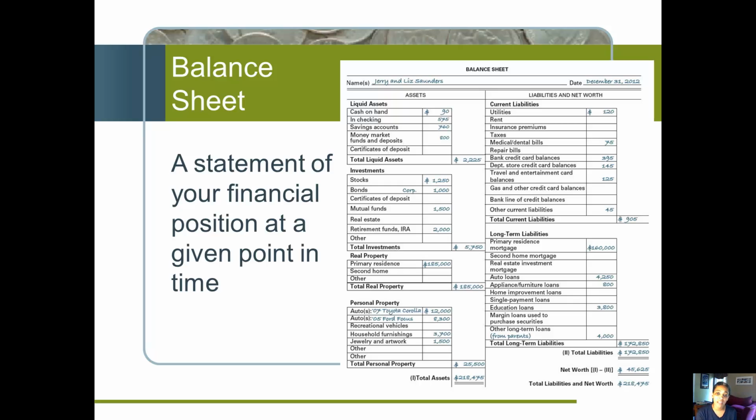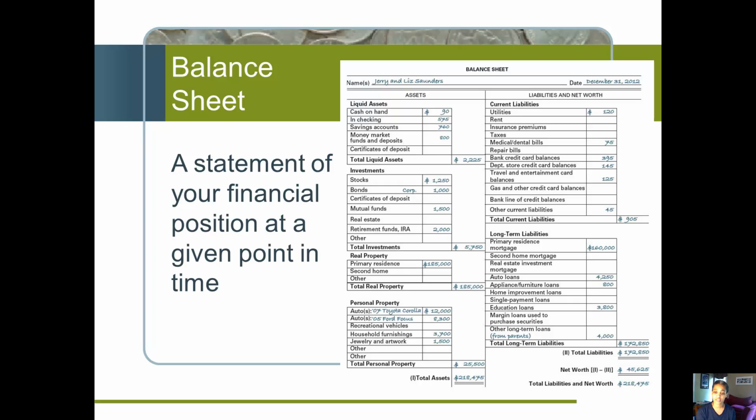So we see on the left-hand side they have their assets, the most liquid assets first, just as if we were creating a balance sheet for a corporation, and then their less liquid assets like stocks and bonds, and then real estate and personal property.